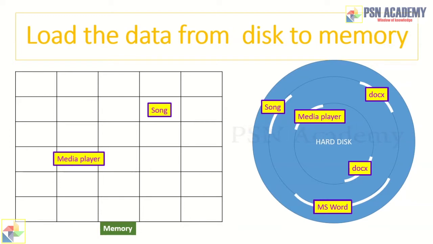So the media player is linked to the starting address of the song file so that it can start playing. Similarly, the Microsoft Word program file and the docx data file have been loaded onto memory and linked.